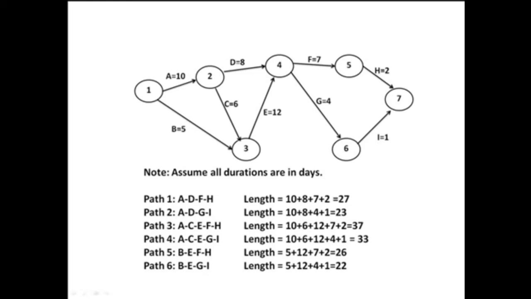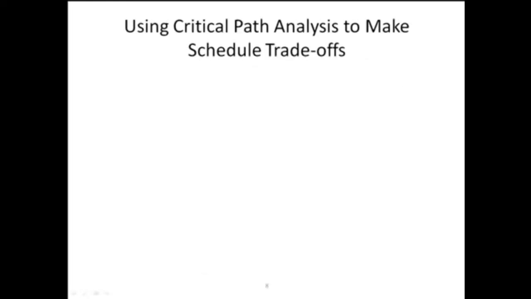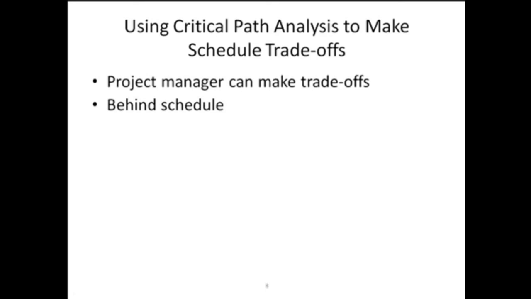If one or more of the activities on the critical path takes longer than planned, the whole project will slip unless the project manager takes corrective action. This is where the power of this particular tool comes into play. It is important to know what the critical path throughout the life of the project is so that the project manager can make trade-offs. If one or more of the tasks is behind schedule, the schedule could be renegotiated with the stakeholders, or more resources could be allocated to other items on the critical path to make up for that time.